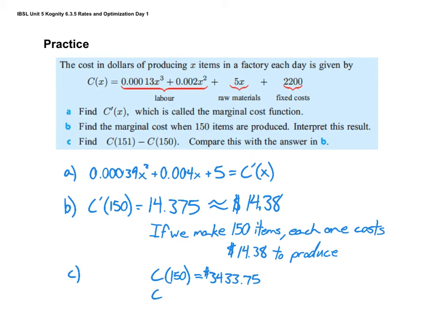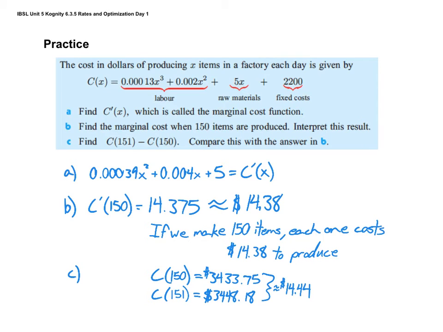C of 151 is $3,448.18. Now if I subtract those two, 3,448.18 minus 3,433.75, I get $14.44.